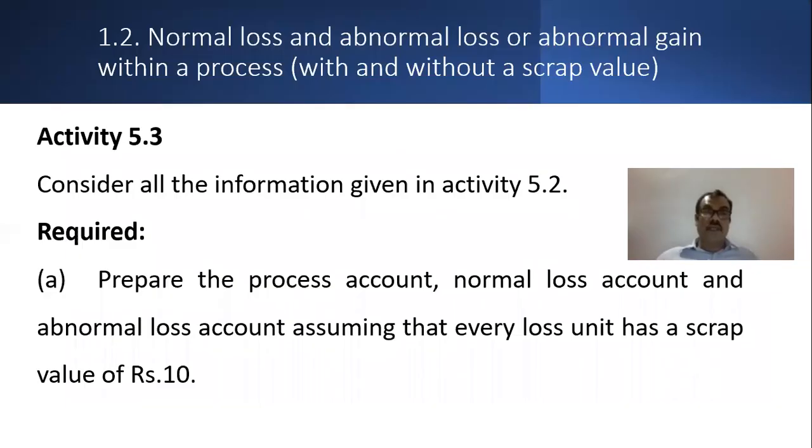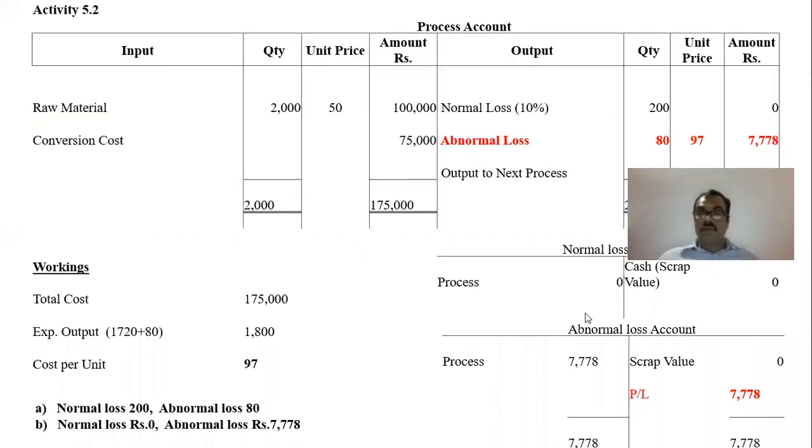Now we'll move on to this activity number 5.3. The question asks us why normal loss value is 0. Because there is no scrap value. If there was scrap value, we could have recorded it, but it should not be recorded here.